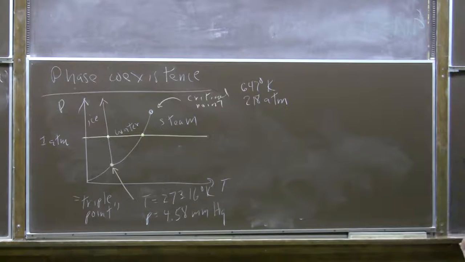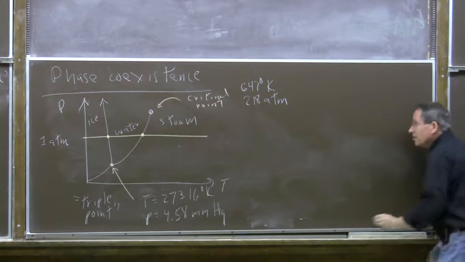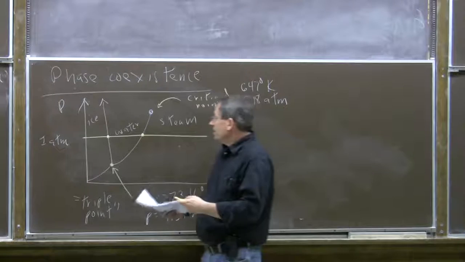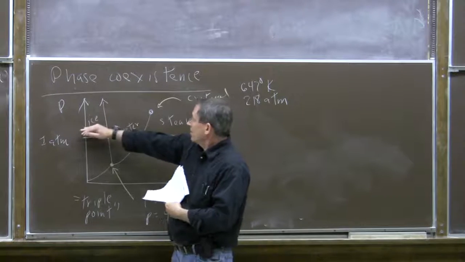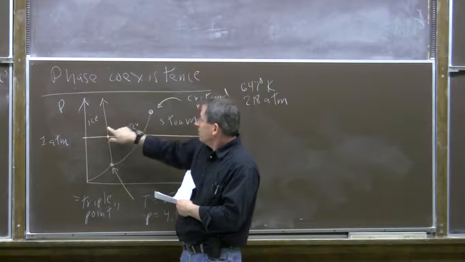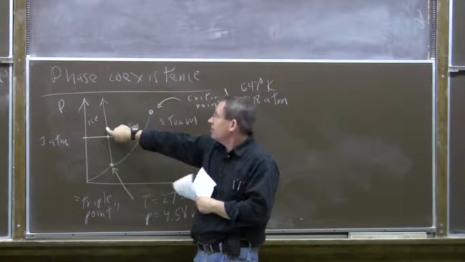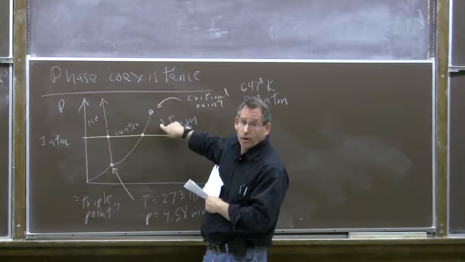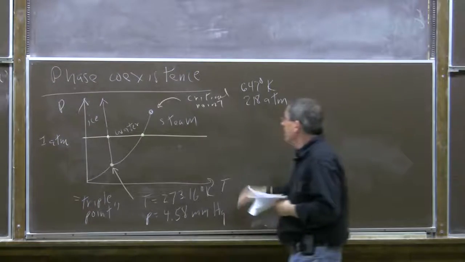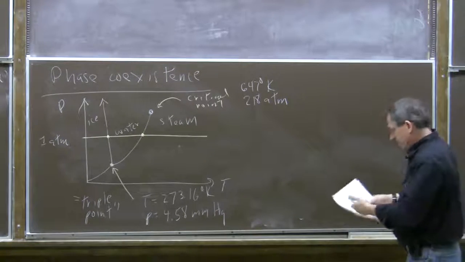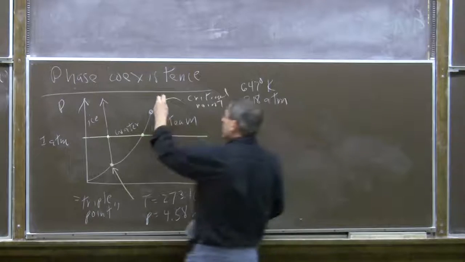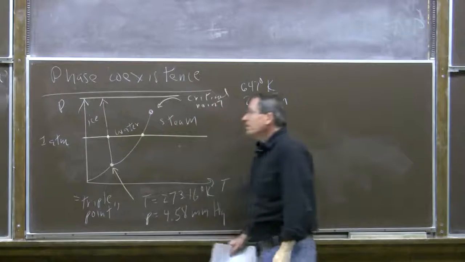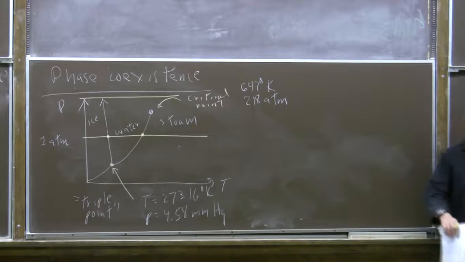Its significance is this: if the pressure is less than 218 atmospheres, and with that fixed pressure we consider increasing the temperature, we will encounter 2 phase transitions, first from ice to water, and then water will boil later on and become steam. If the pressure is above 218 atmospheres, then there will just be 1 transition. There will be no discontinuous change from water to steam.